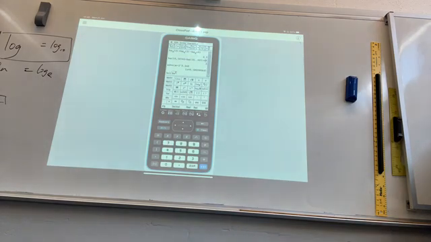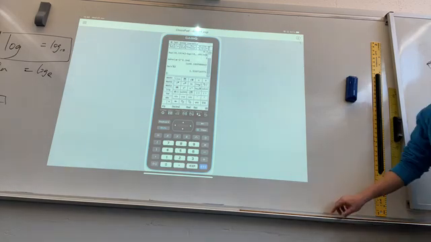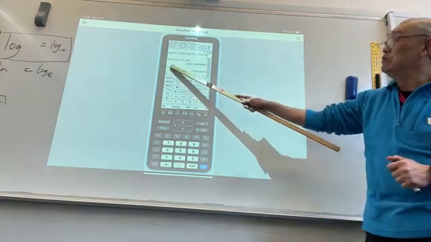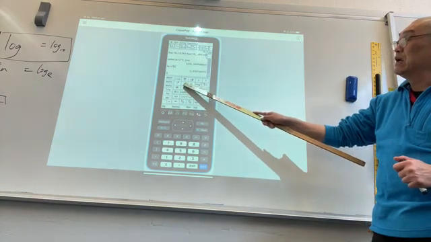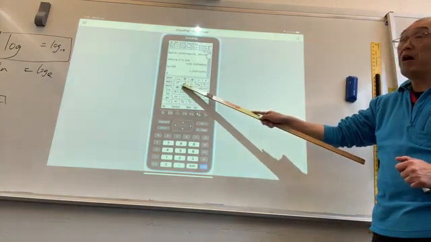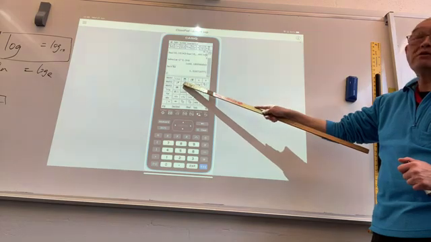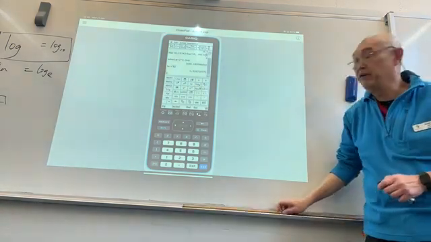So if you want e, you can either do e to the power of 1, or you could highlight it and just delete that. And you get the answer, 1.5397, which is 1.54. So if you want just e, you can use e to the power of 1, or just highlight that little box and get rid of it. That's fine.